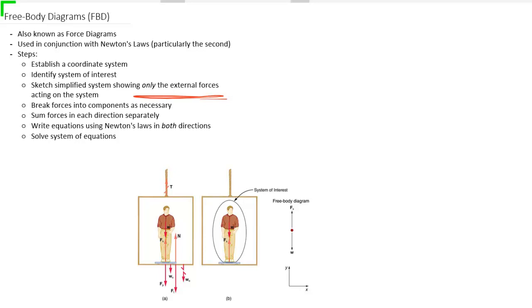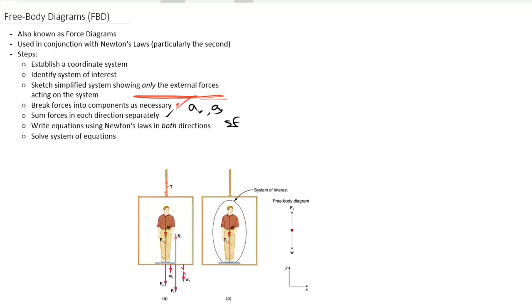We're still dealing with motion one dimension at a time, so we need to specifically look at forces in the x direction and forces in the y direction, because we still want to get our acceleration in the x and acceleration in the y. And then we sum these forces in each direction separately, and write the equations using Newton's second law.